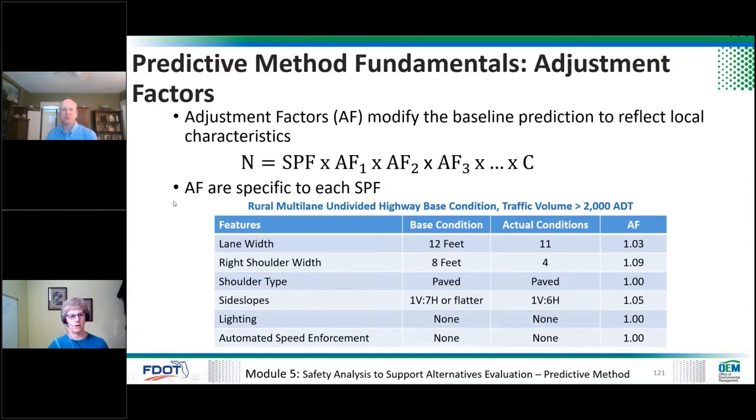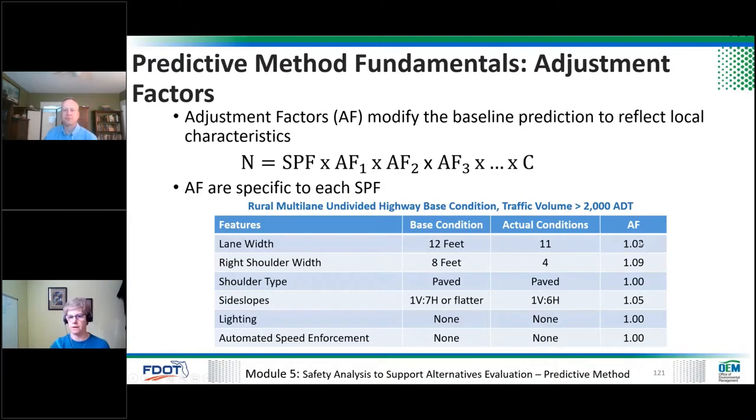These adjustment factors, or CMFs as they're known now, are different for each different SPF in the manual. Here I'm showing the adjustment factors for rural multi-lane undivided highway. If the base condition is 12 feet, but my actual condition is 11, then there's a lookup table, or set of tables or equations in the manual, but spreadsheets are doing this for you.